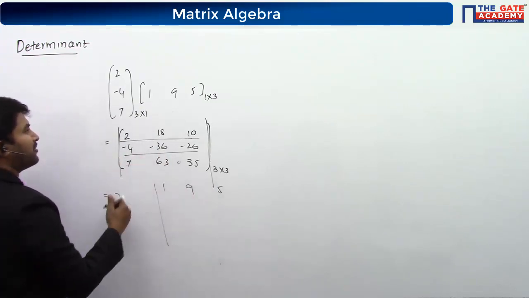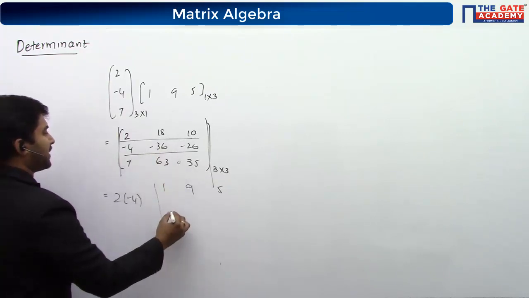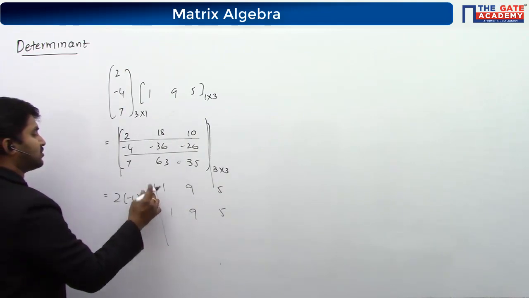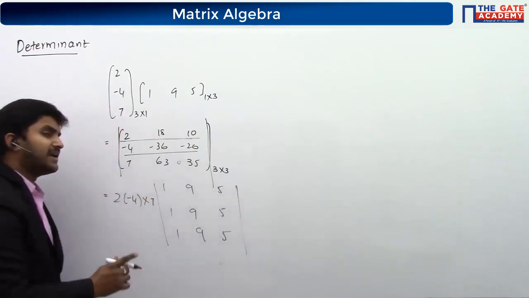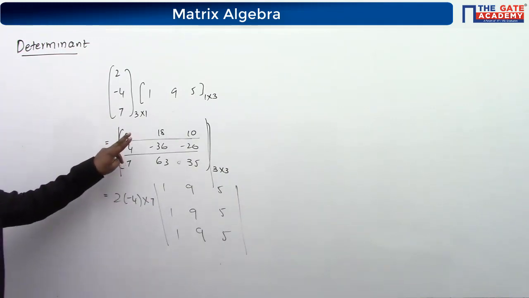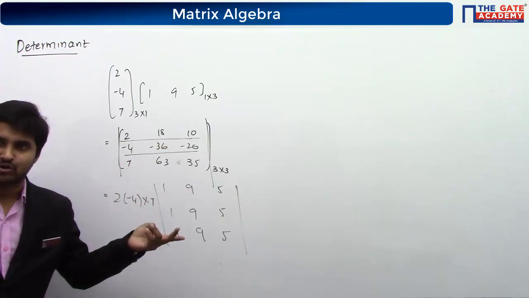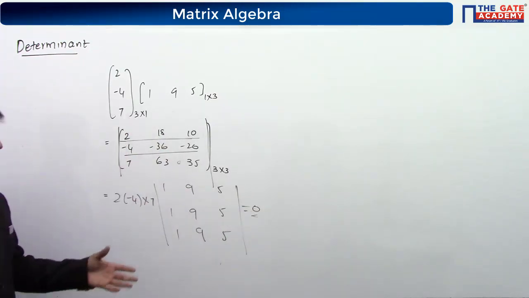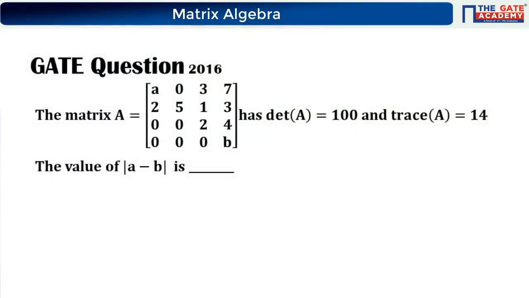If I remove minus 4 from the second row, it becomes 195. If I remove 7 from the third row, then it again becomes 195. That is why I told you, whenever we are having proportional rows or columns or identical rows, the determinant is going to be equal to 0. Right? So the answer is going to remain 0. Students who have completed, go for the next problem.